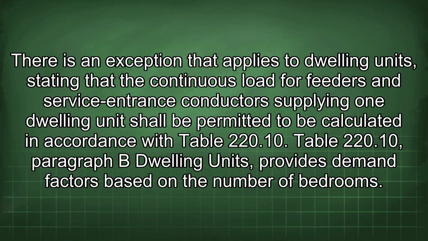There is an exception that applies to dwelling units, stating that the continuous load for feeders and service entrance conductors supplying one dwelling unit shall be permitted to be calculated in accordance with Table 220.10. Table 220.10, Paragraph B dwelling units, provides demand factors based on the number of bedrooms.